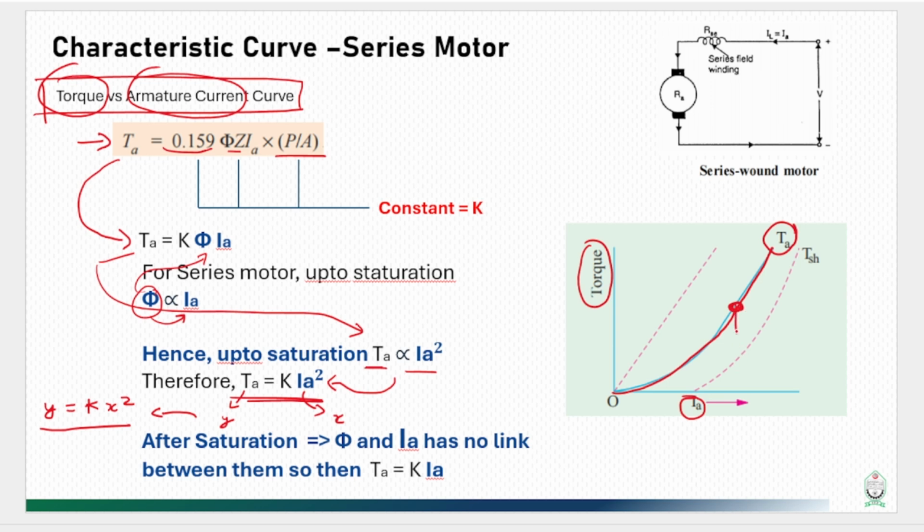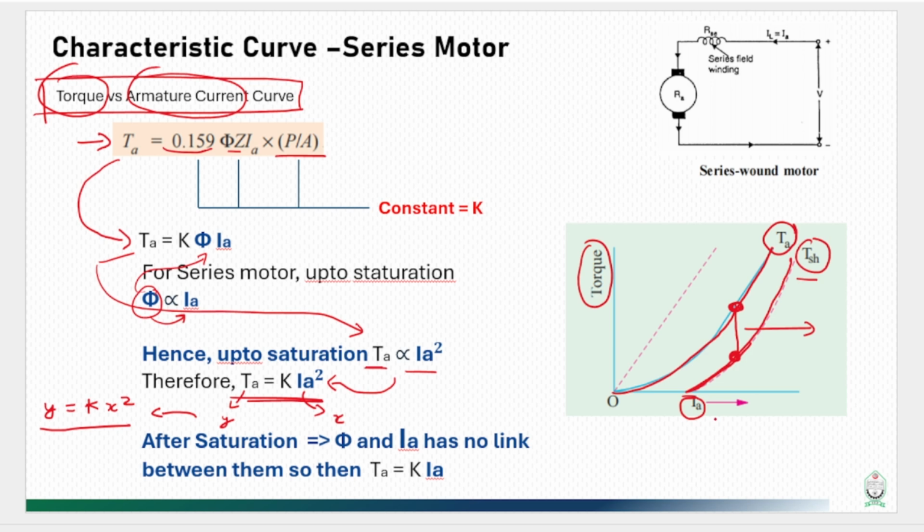At that instance, the shaft torque should have a lower value, and the difference between them is the loss incurred as the rotor starts rotating. So the shaft torque should have a similar curve, but it will be lagging the armature torque. So this is the curve of shaft torque against armature current.